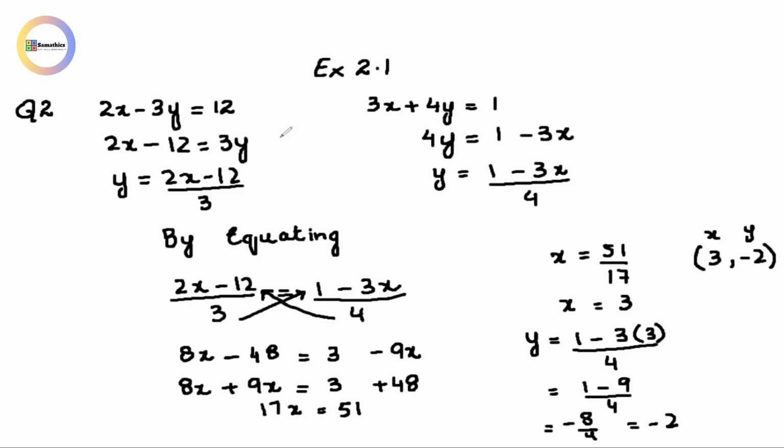This is equation 1, and this is equation 2, and this one which you have made, you can say that equation 3, and this you can make an equation 4. And then you can write here by equating equation 3 and 4.